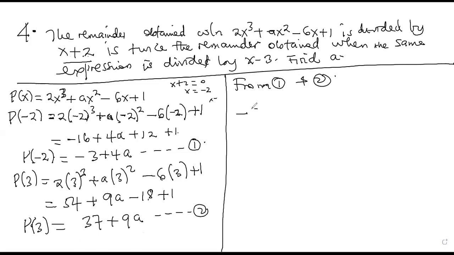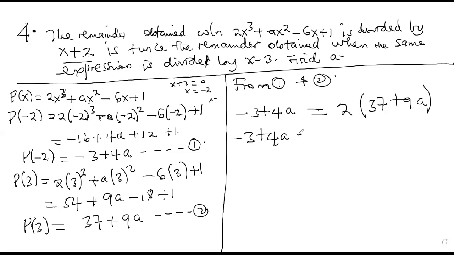So negative 3 plus 4a is 2 times the remainder when it is divided by x minus 3, so 2 times 37 plus 9a. That is what the statement meant. So negative 3 plus 4a is equal to 74 plus 18a.